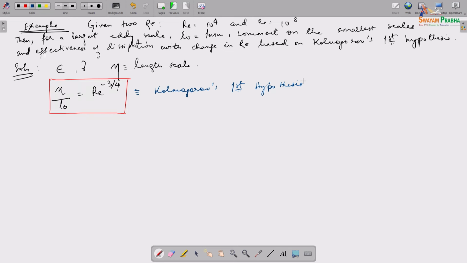Okay, so like I said, it is a length scale. Then let us calculate.